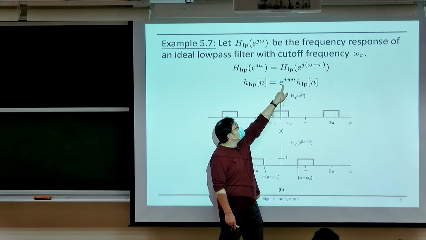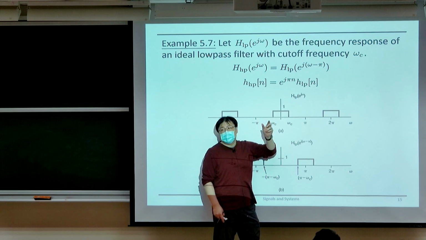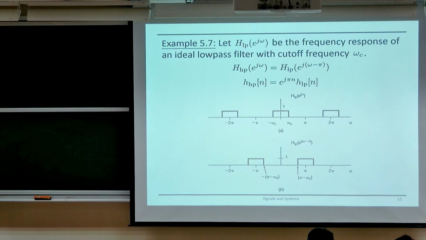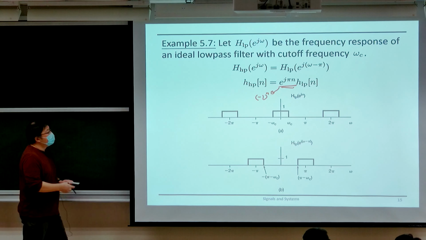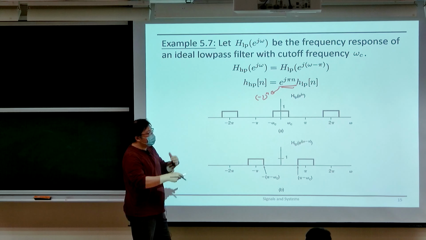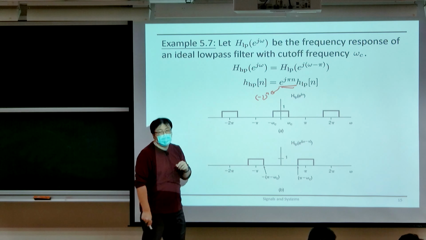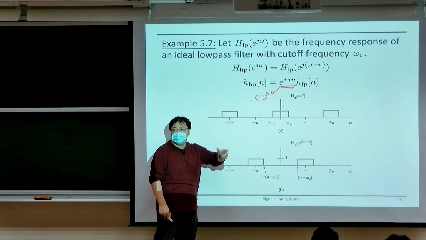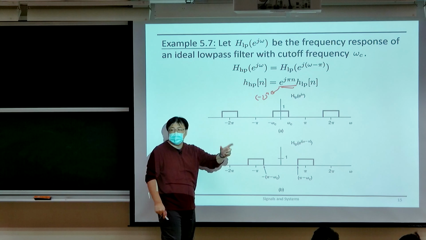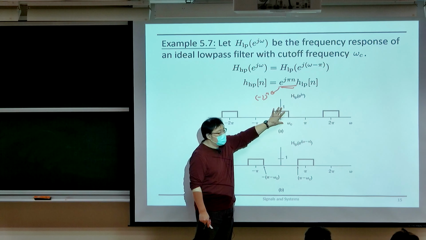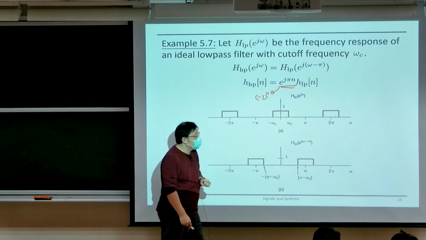So e to the j pi is actually minus 1, and what you have here is essentially minus 1 to the power n. So this low pass originally is something smooth, but now when you multiply by this minus 1 to the power n, it starts to oscillate between plus and minus really fast. So it turns from a low pass to something that is high frequency dominant.